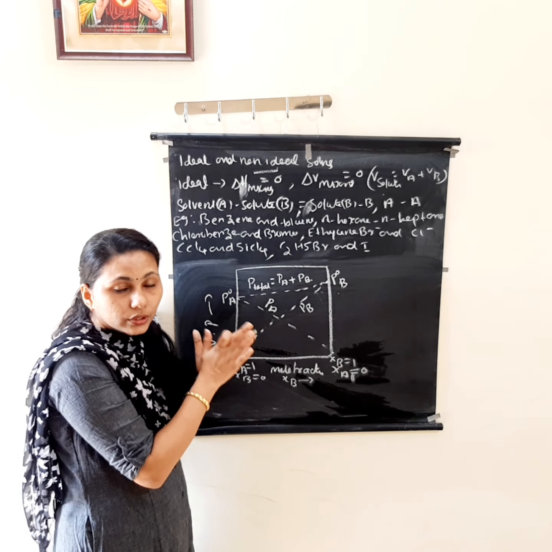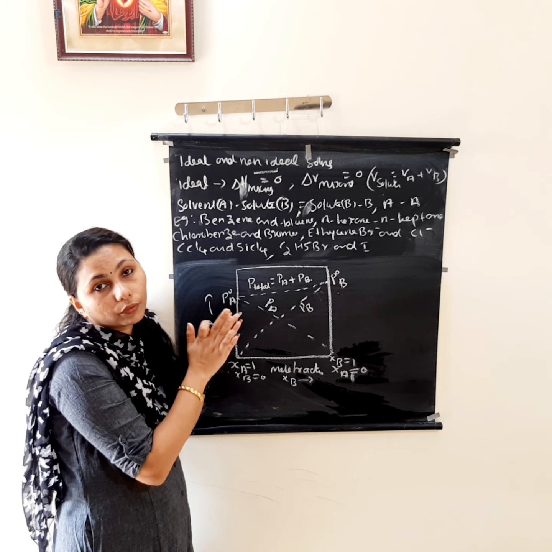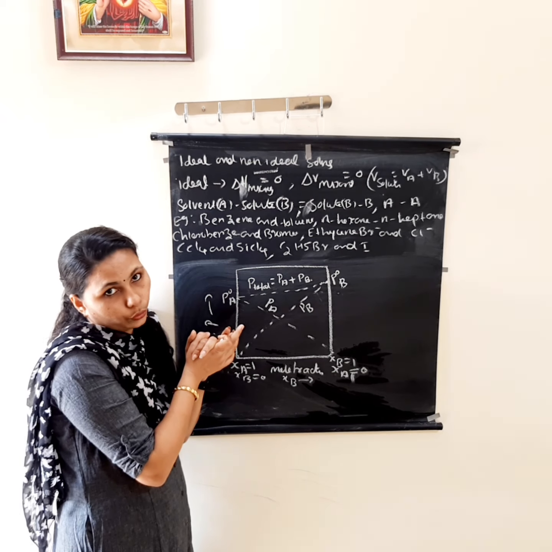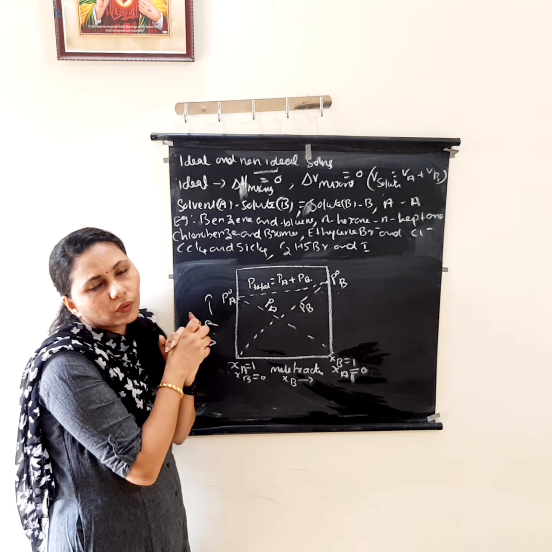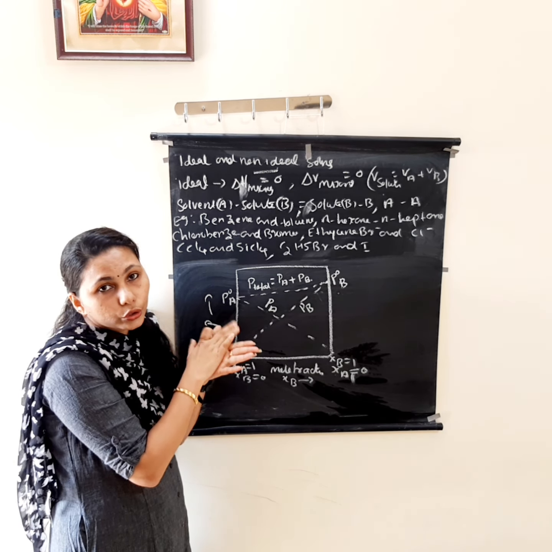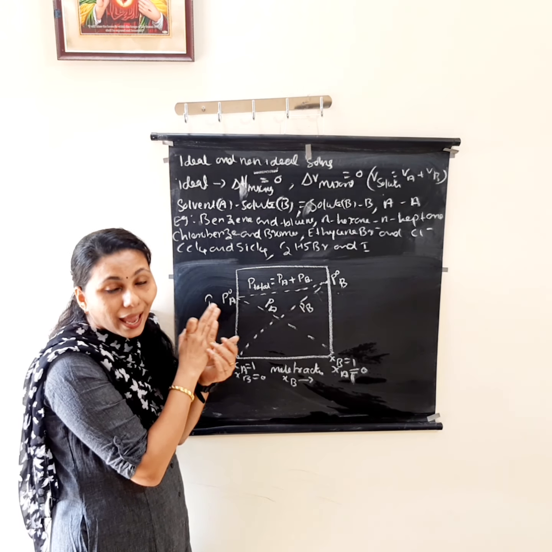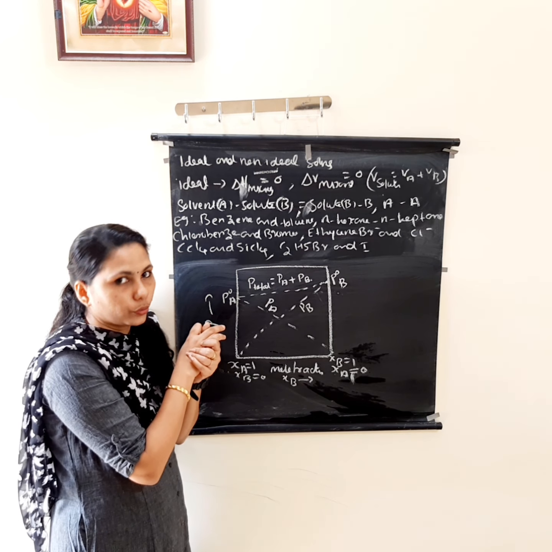So what is an ideal solution? A solution that obeys Raoult's law at all ranges of concentration of components is known as an ideal solution. Clear? Next is the non-ideal solution. What is a non-ideal solution? The solution which does not obey Raoult's law at all ranges of concentration and temperature is known as a non-ideal solution.